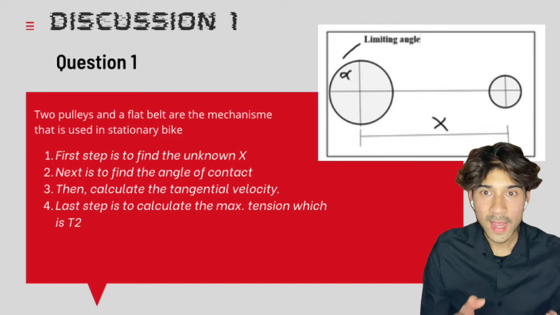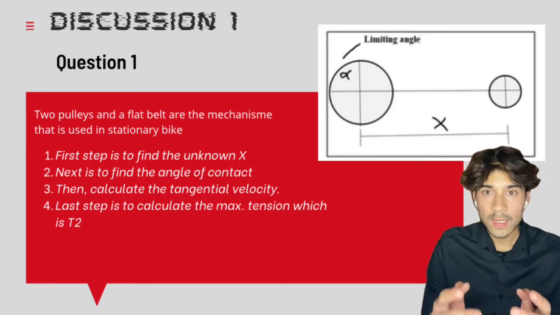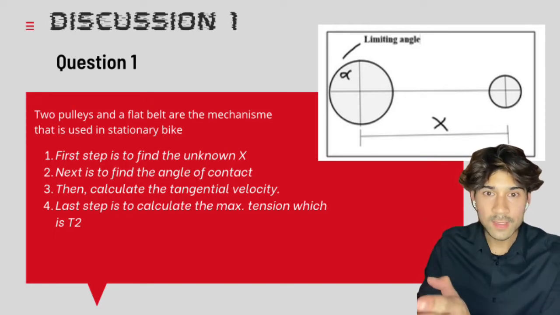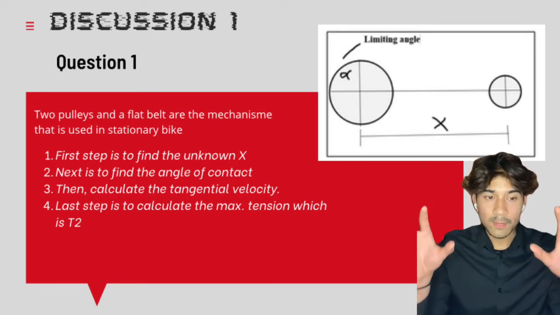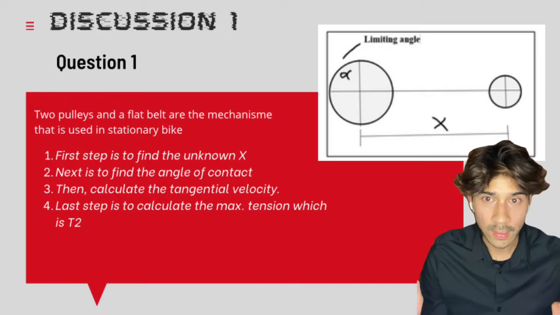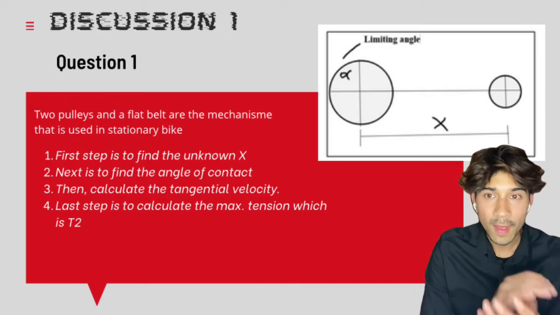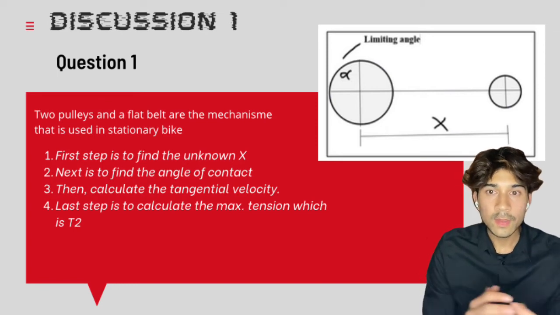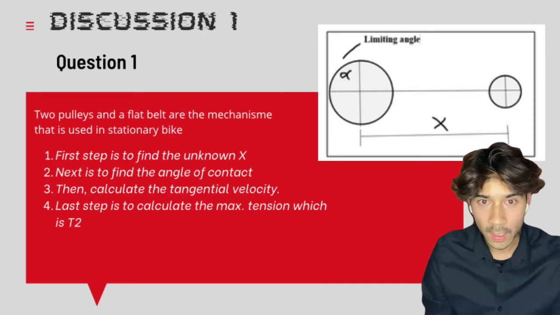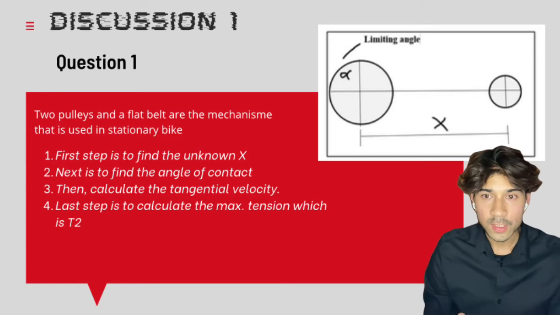So what is S unknown? S unknown is a diagram that I have sketched for you to find the S between the two pulleys. After we have found the S unknown, next we will find the angle of contact. All the explanation has been explained by KHAIRUL.